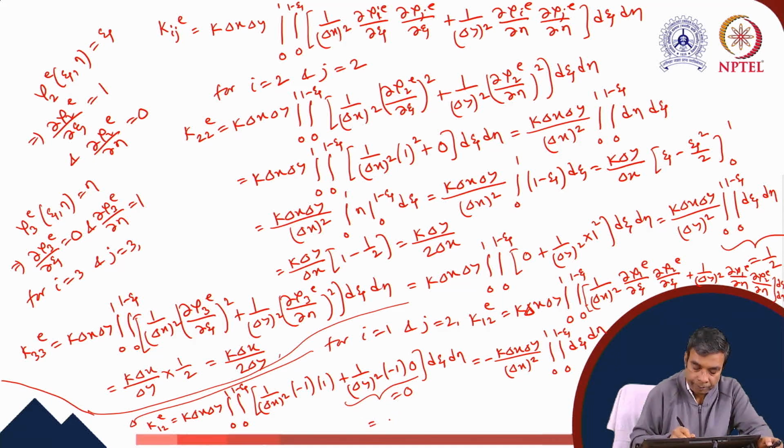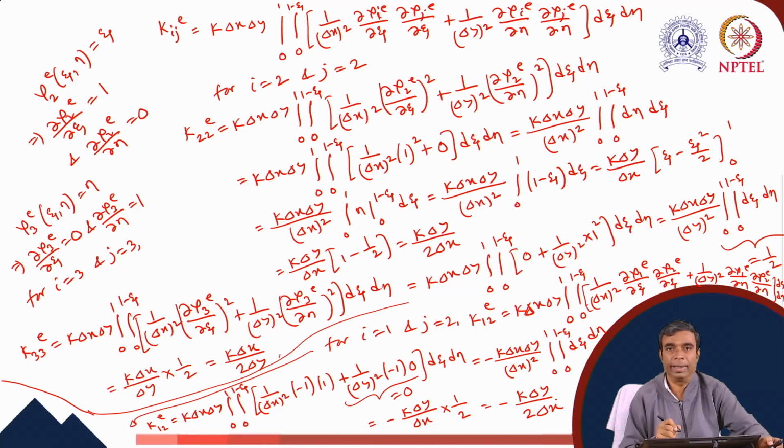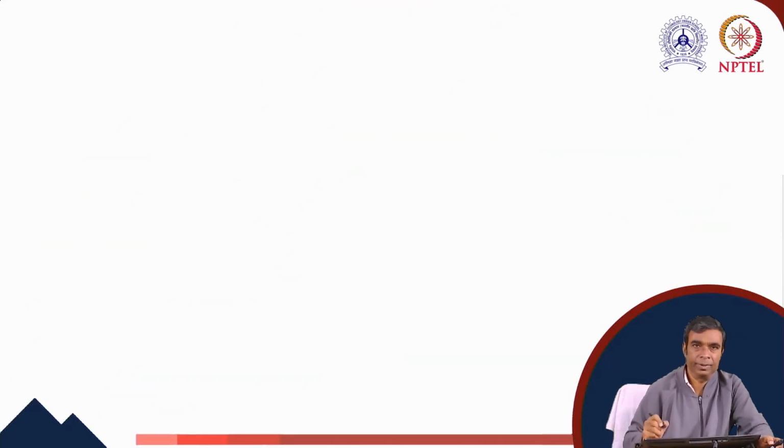This we have minus k delta y by delta x, and this integral is half, it is already shown. So this is minus k delta y by 2 delta x. So using exact integration, we have calculated 3 diagonal terms and 1 off diagonal term. Similarly, we can calculate all the remaining terms and the element level matrix equation can be presented.